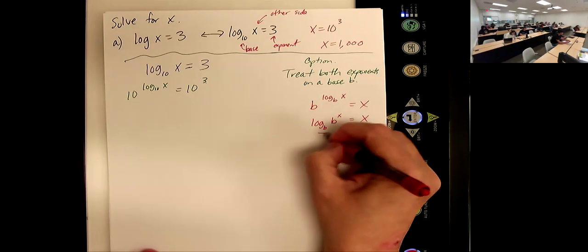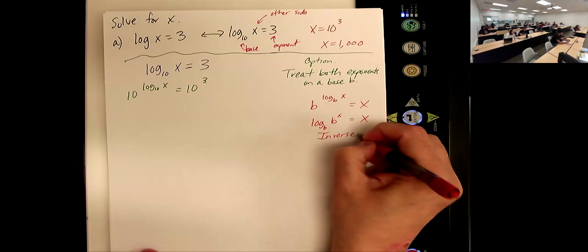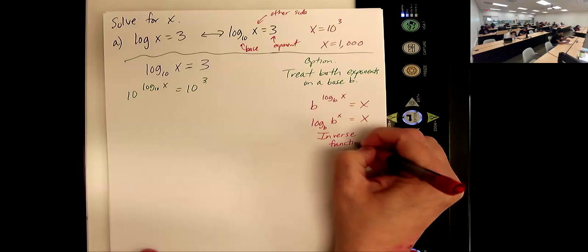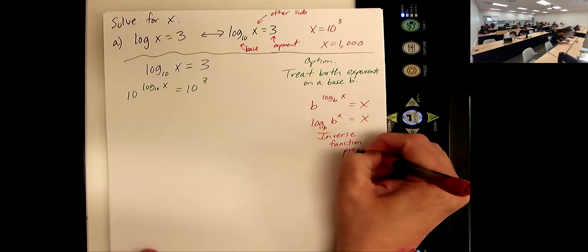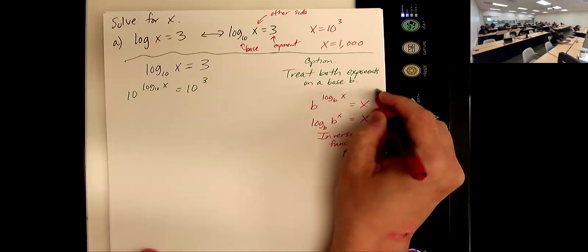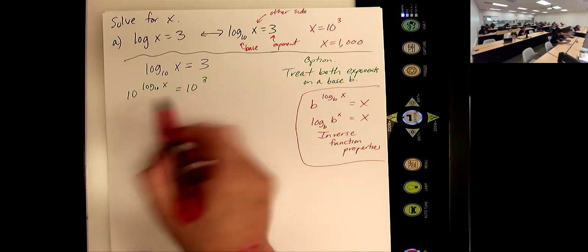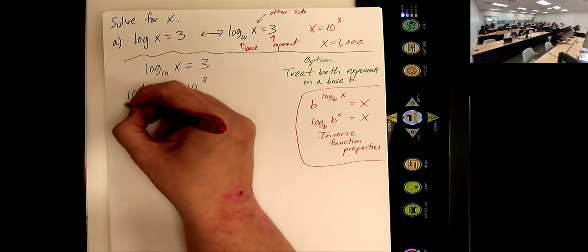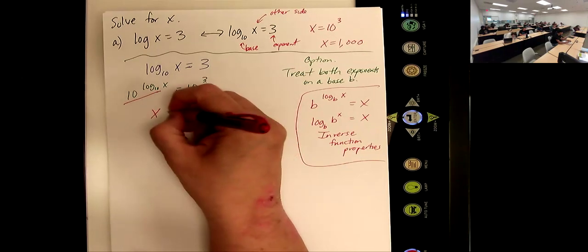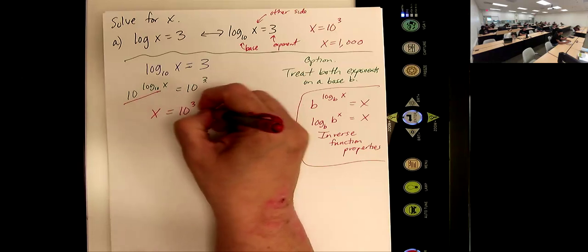That's related to inverse function properties. When you stick one of them in the other, that's what you get. So that's why we raise both sides to the power of that. The 10 and log 10 cancel, we just get x equals 10 to the third, which is 1000.